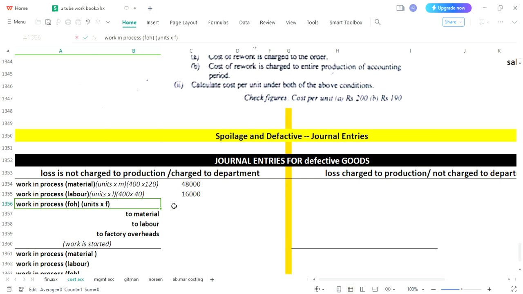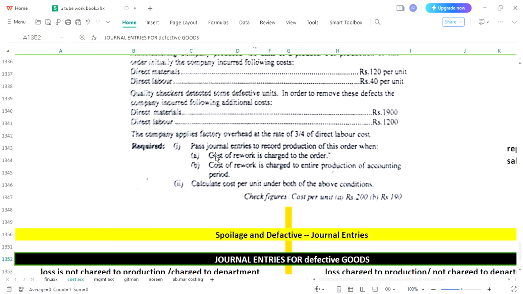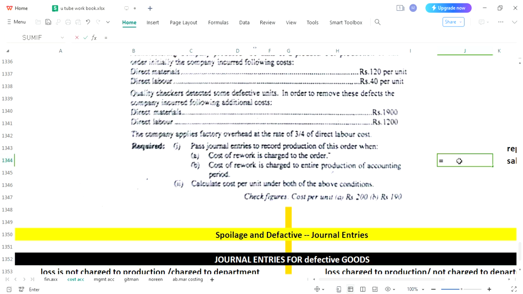So now see how many number of units, 400, same for material, labor, FOH, and per unit cost of FOH will have to be seen. Here it was narrated as the company applies factory overhead rate 3 over 4 of direct labor. Direct labor was 40. Here we can calculate. Direct labor was 40 and you need to calculate what?